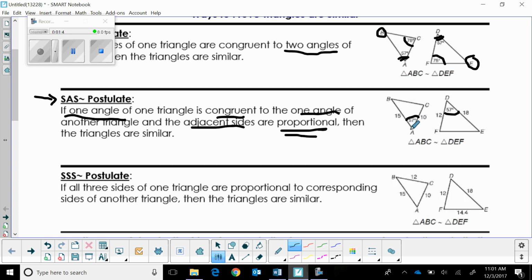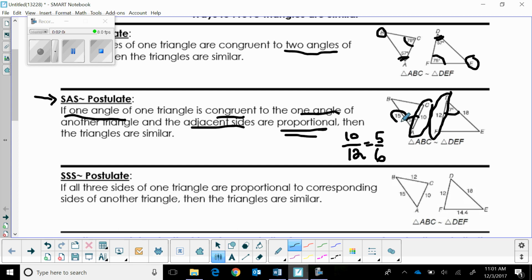So if we're looking at these triangles, well, AC has a length of 10. It will correspond to DF, which has a length of 12. And the way you can do that is just look for the two shortest sides and see if they're proportional. So those two are 10 to 12, which ends up being 5 to 6. And they have to be proportional.